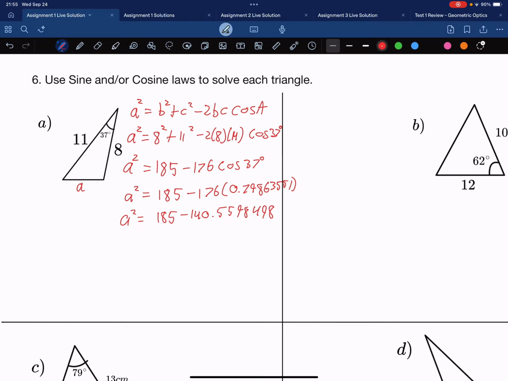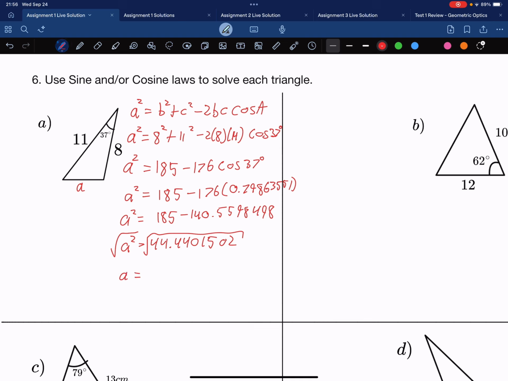Now, I'm sure this decimal goes on longer. I'm rounding it off because that's just the number of decimal places my calculator shows me. So I now have 185 minus this 140 decimal. That gives me A squared equals 44.4401502.